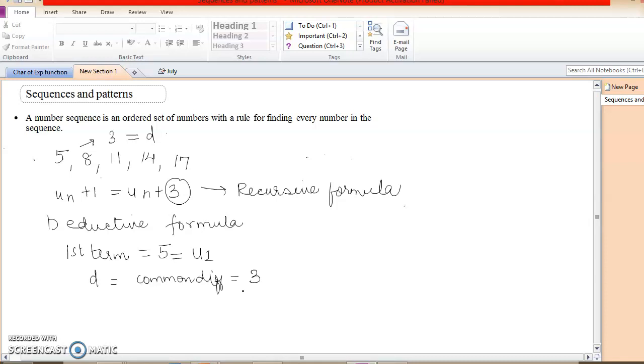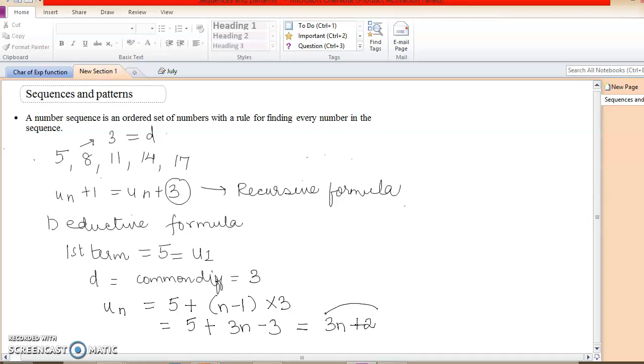Once we've got this, we substitute it in the formula that we know, which is u_n is equal to 5 plus (n minus 1) times 3. When we expand this, it is 5 plus 3n minus 3. When we solve this further, we get 3n plus 2.